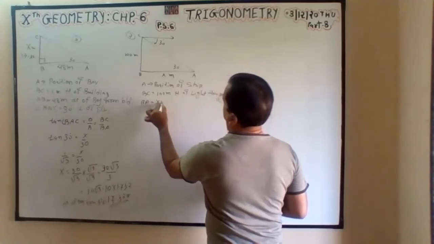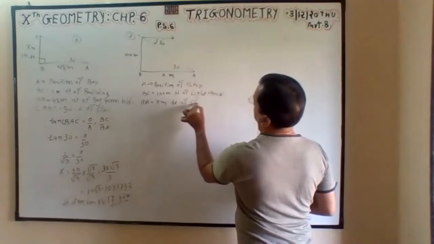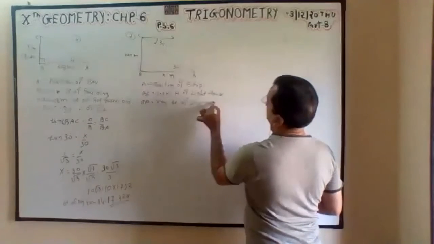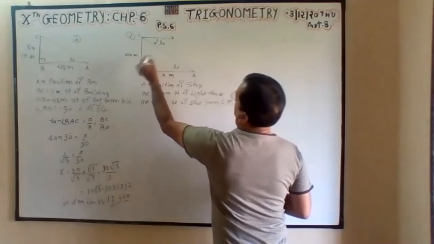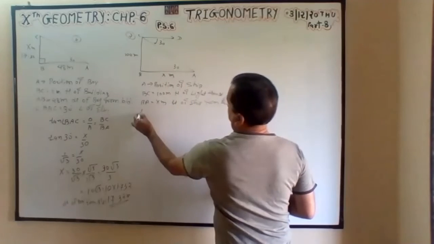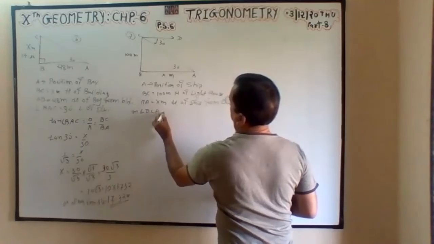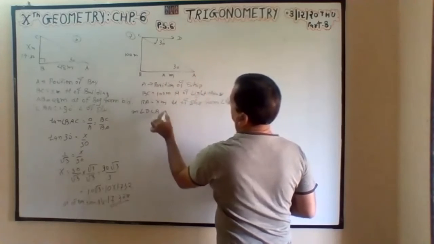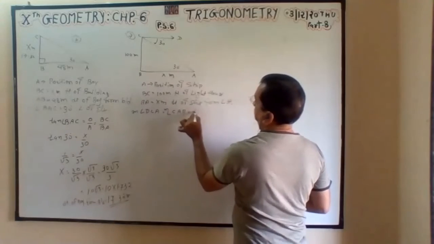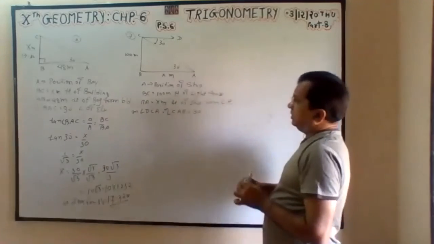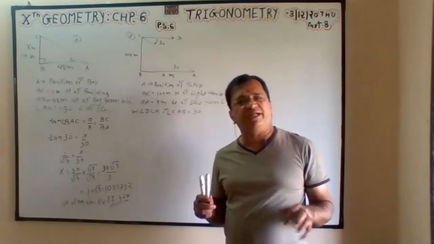BA, distance of ship from lighthouse. D, angle D. CA. DCA is equal to CAB. Now again, hypotenuse not given. We do not have to find hypotenuse. Forget it.